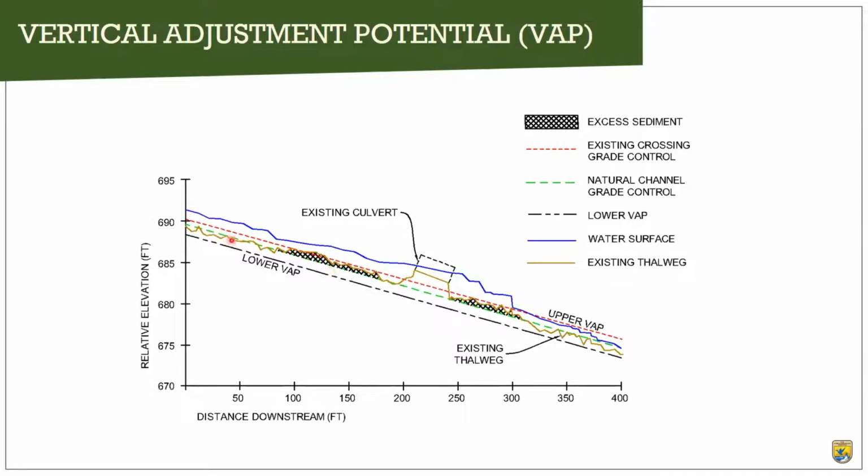So that would be this green line. And remember that a lot of times we have sediment that has accumulated upstream. We also might see excess sediment accumulated downstream, and that tends to happen when we have road failures in rural Alaska, and we actually see this quite a bit.